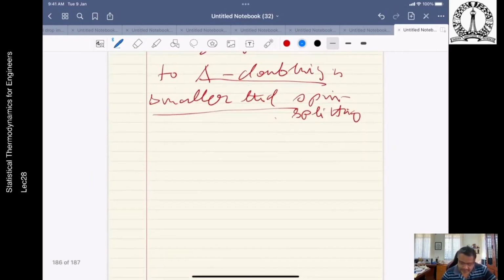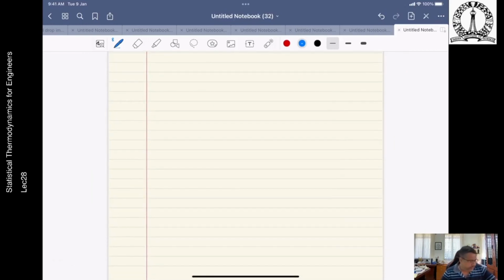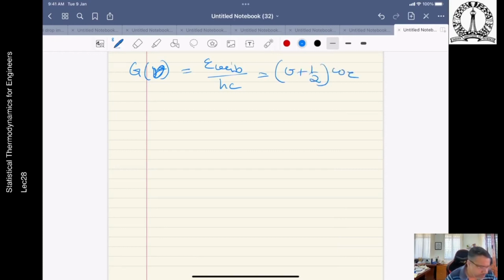The other equation we are going to use is the vibrational energy divided by h, given as V plus half into omega E, where V is equal to 0, 1, 2, and so on.